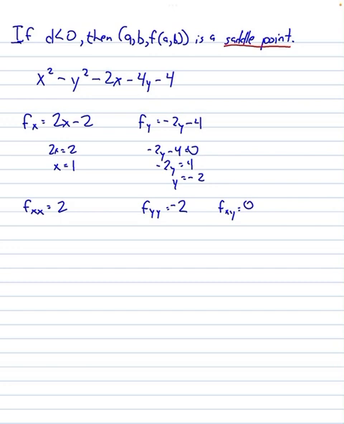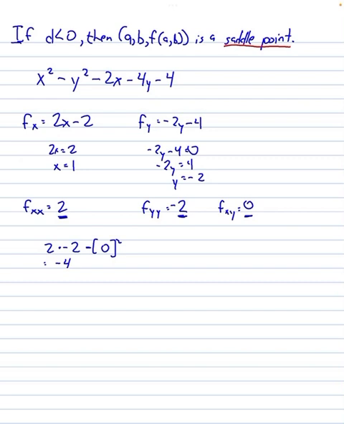So once we come back down, now if you remember the formula, this is going to be 2 times negative 2 minus what? 0 squared. The 2 comes from here, the negative 2 from here, and the 0 squared, which is going to give us a negative 4.